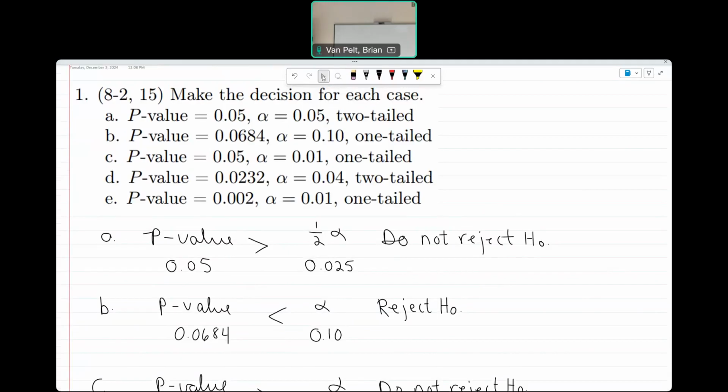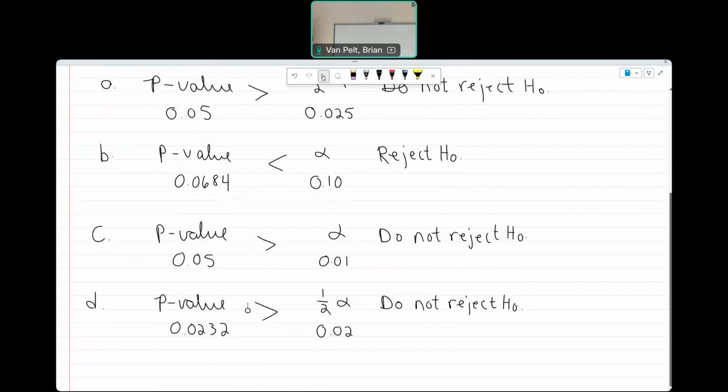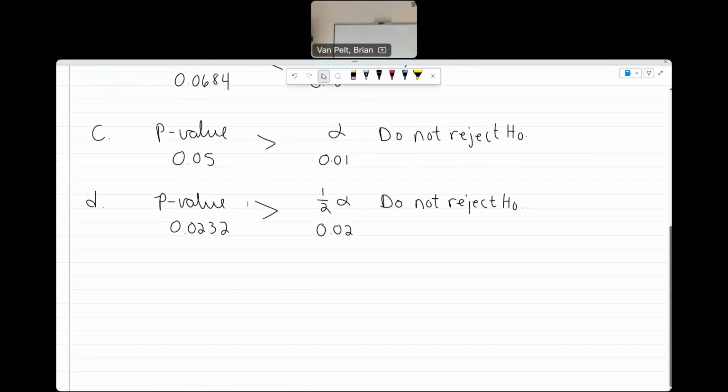0.002 versus 0.01. So here the alpha is bigger.